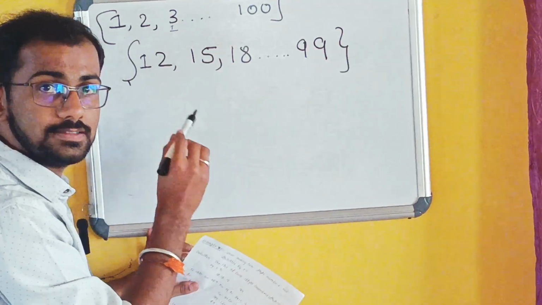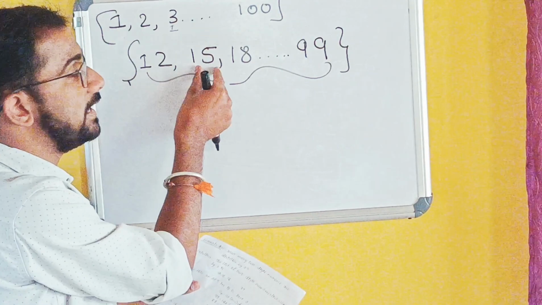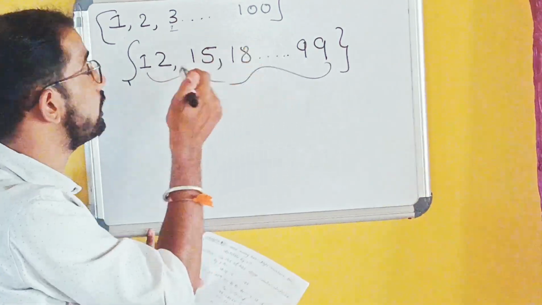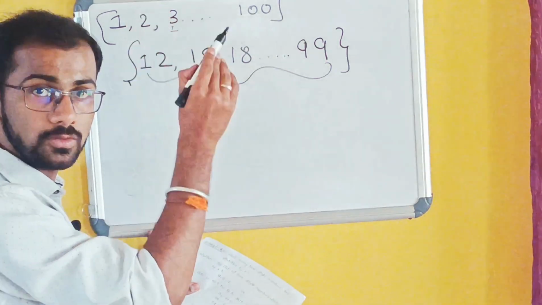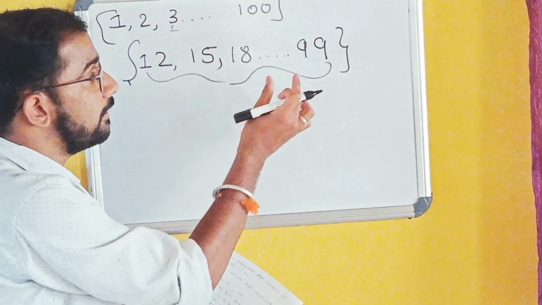Now we need to calculate how many individual terms are present from 12 to 99. We need to calculate n, not an.